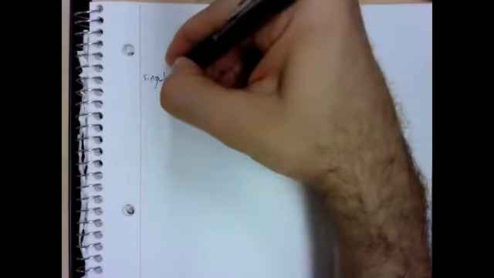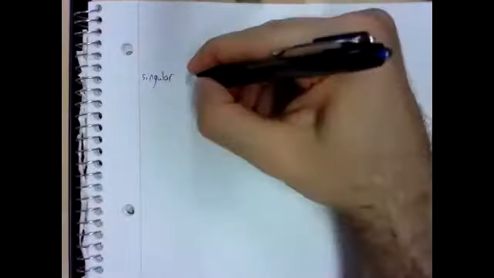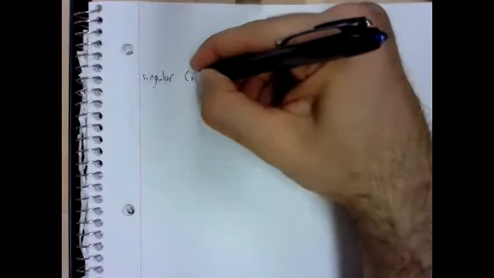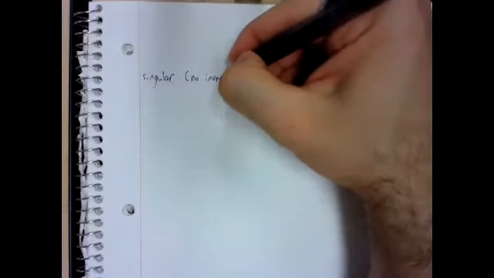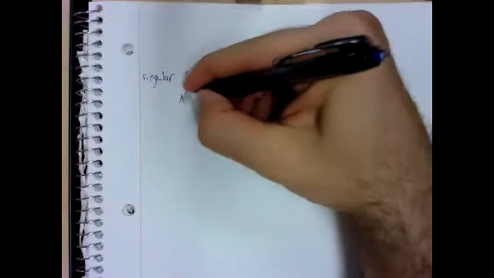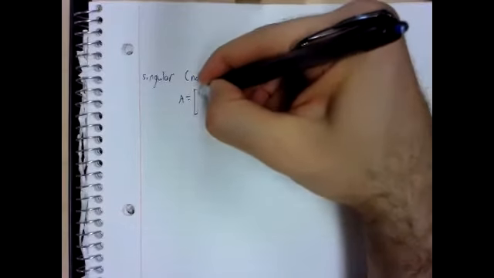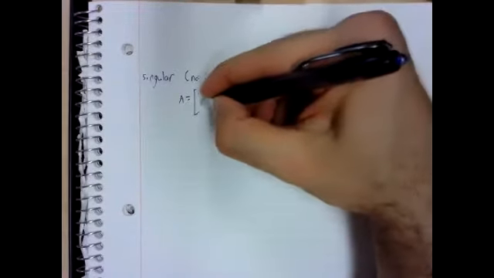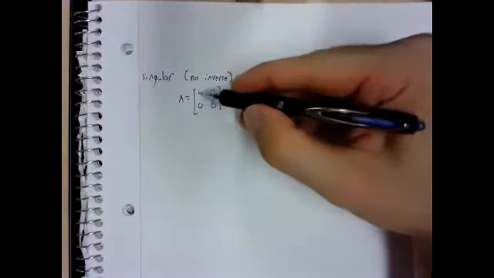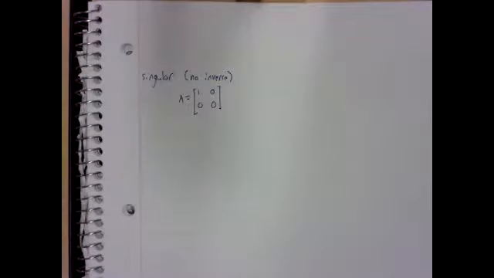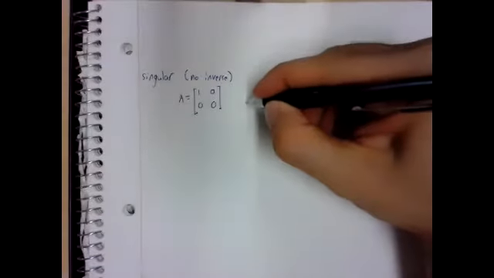As an example of a singular matrix, that is to say, remember, a matrix with no inverse, we could let A be the 2 by 2 matrix that's 1 in the upper left corner and 0 everywhere else.